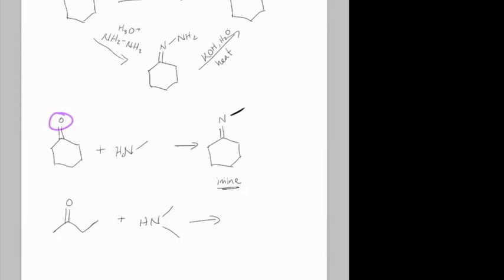Nitrogen likes to have 3 bonds, so a single bonded nitrogen to the... Okay, yeah, so I got this, but there's something else that's missing here. And that should be a double bond right here. Dang it. These we call enamines.